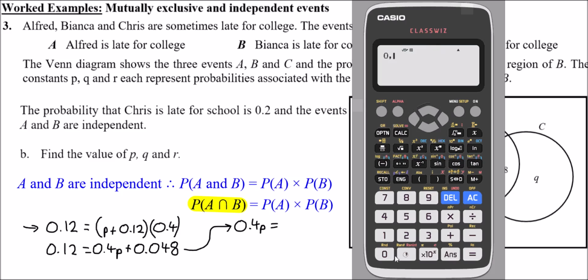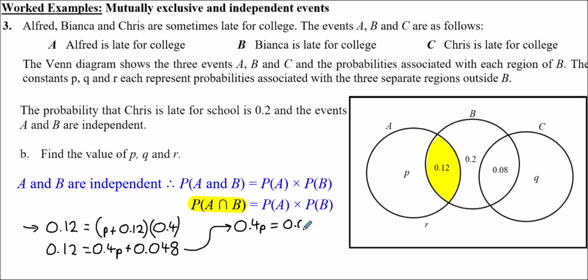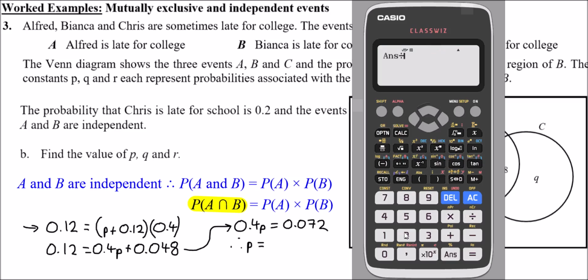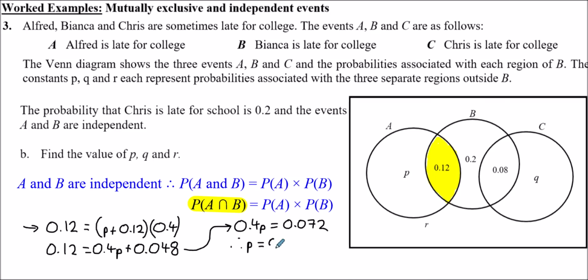So 0.12 minus 0.048 gives us 0.072. Therefore, divide through by 0.4. P is going to be 0.072 divided by 0.4, which is 9 over 50, which as a decimal is 0.18. So P is 0.18.